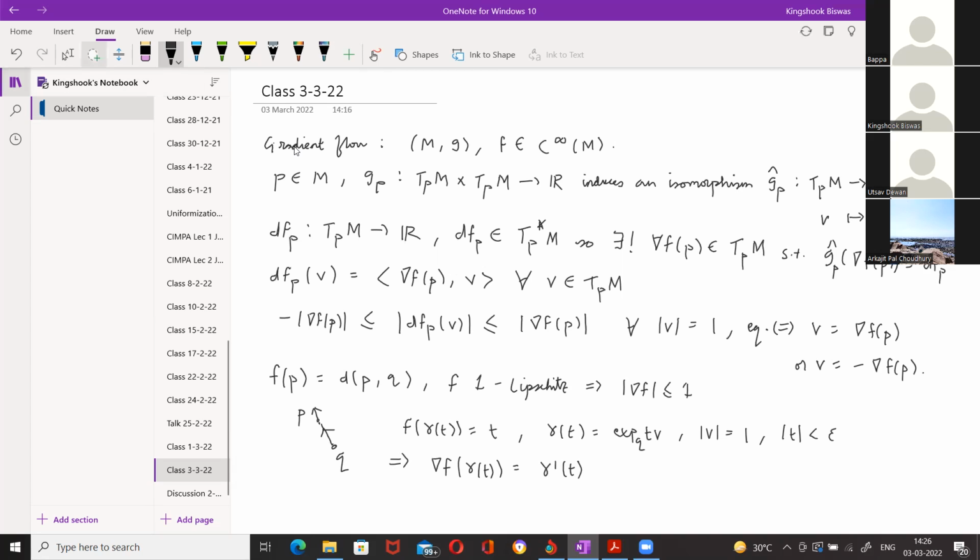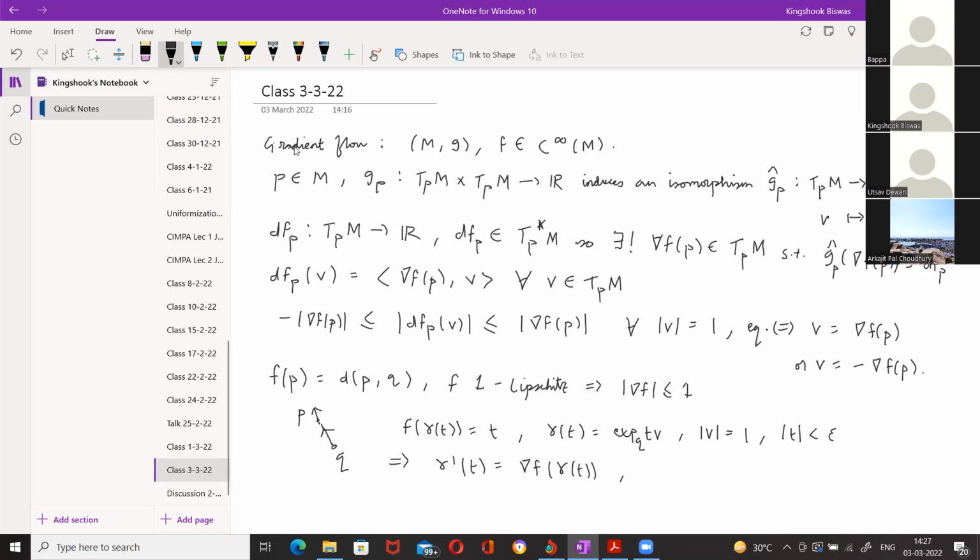Or if I write this the other way, gamma prime t is equal to grad F of gamma t. In other words, is this clear?